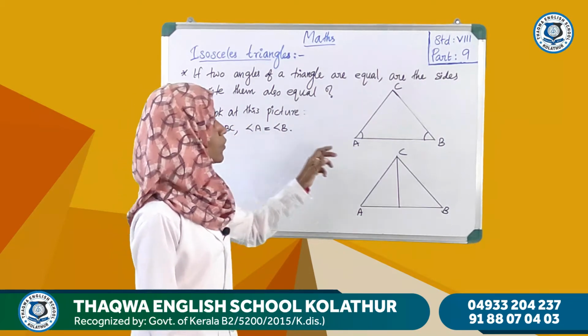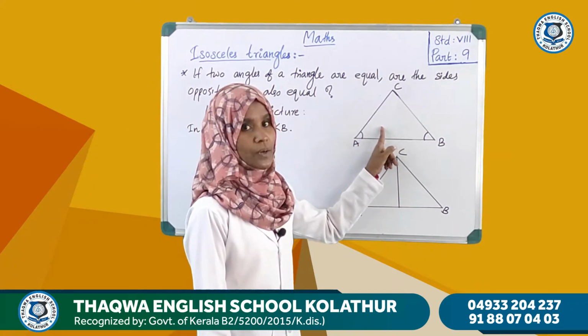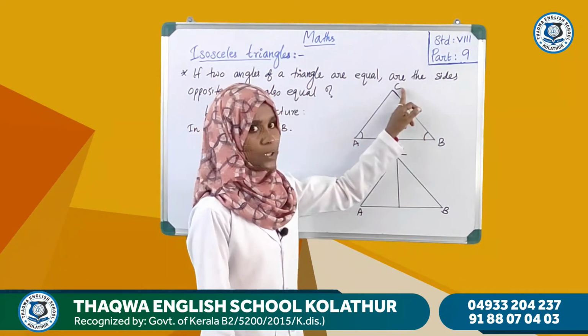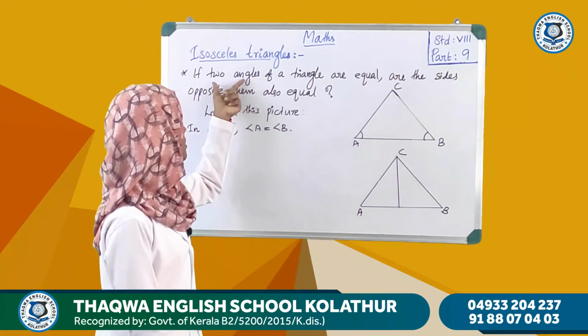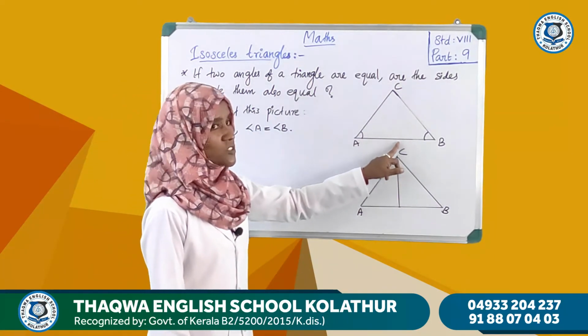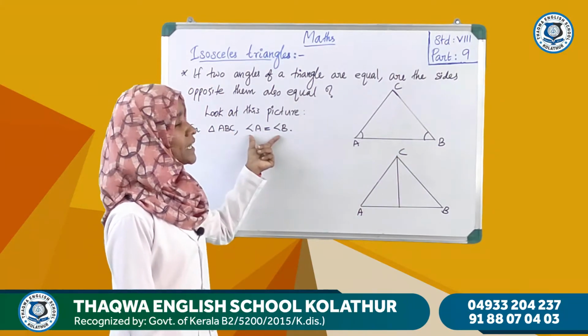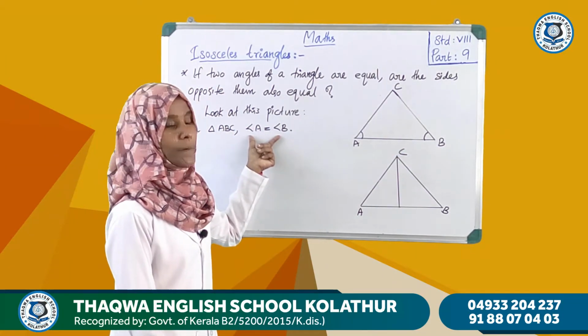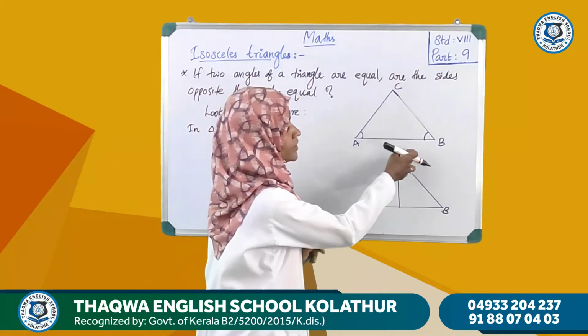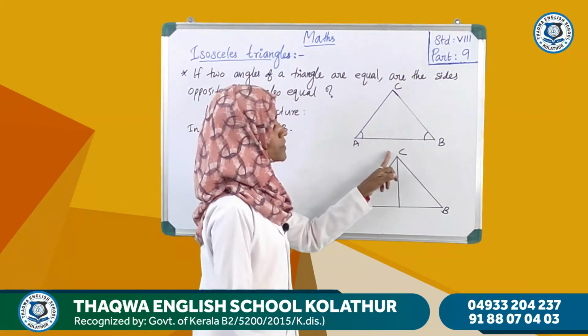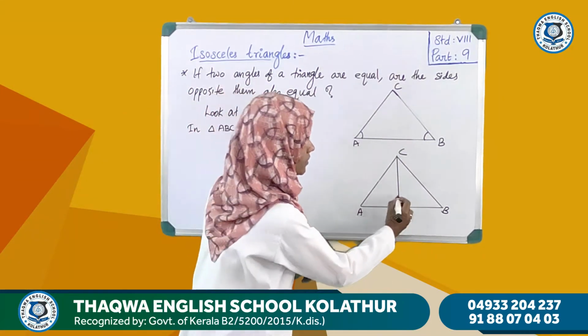Okay. Now look at this figure, triangle ABC. What's the condition? If two angles of this triangle are equal, that is, we have angle A equals angle B. Now let us draw one perpendicular from C to AB.